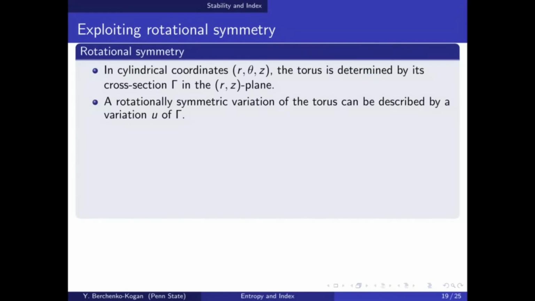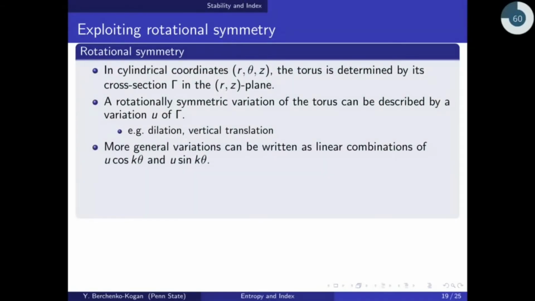However, if we just do that, we're only getting rotationally symmetric variations of the torus, and of course there are variations of the torus that are not rotationally symmetric. So dilation and vertical translation are examples of rotationally symmetric variations of the torus that we can get simply by having variations of the cross-section.